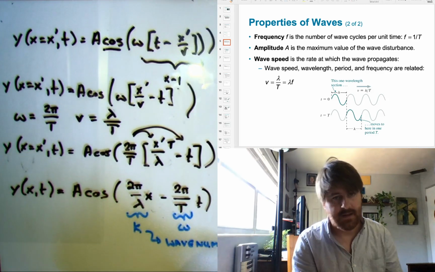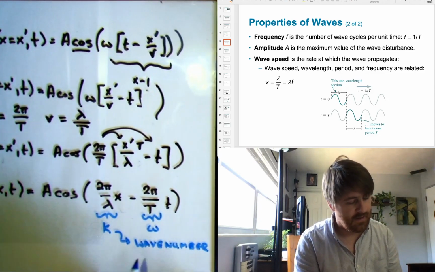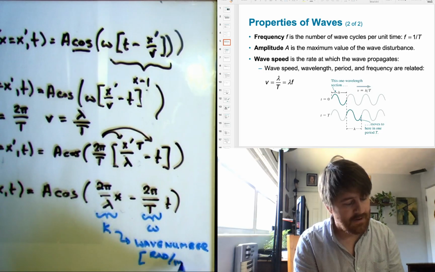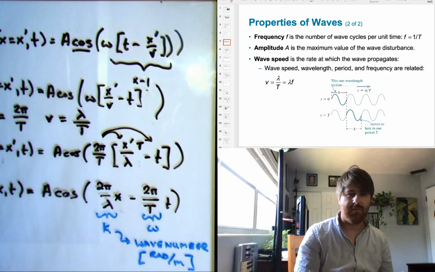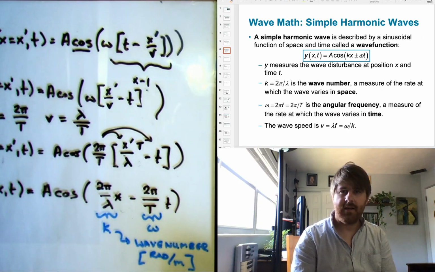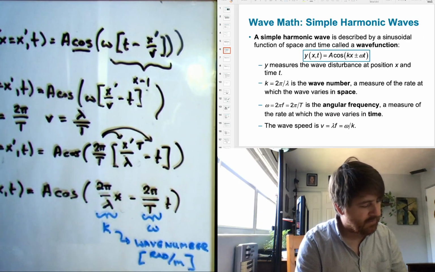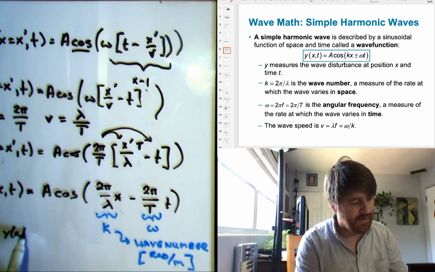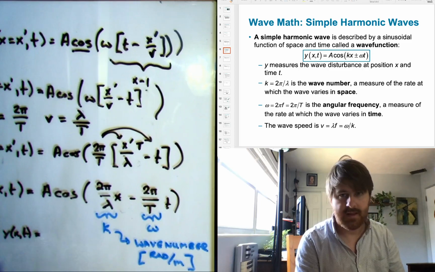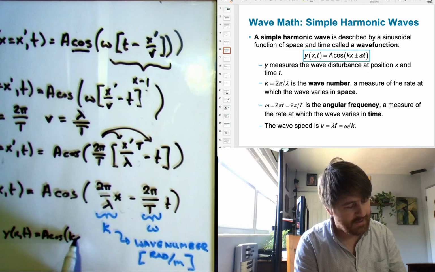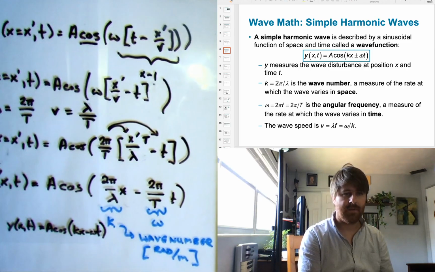And it has units of radians per meter, not radians per second, but radians per meter. Okay? Once we've done that, we can rewrite our equation as y of x and t is a cosine kx minus omega t. Okay?